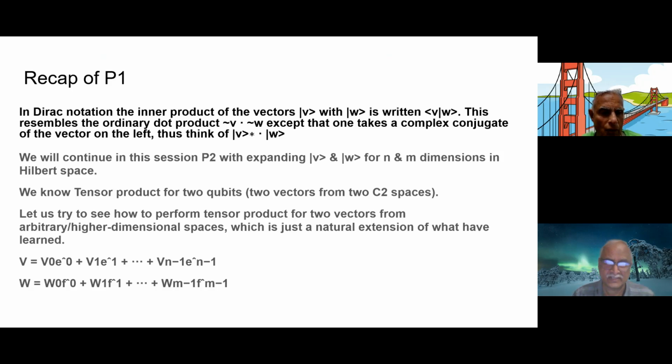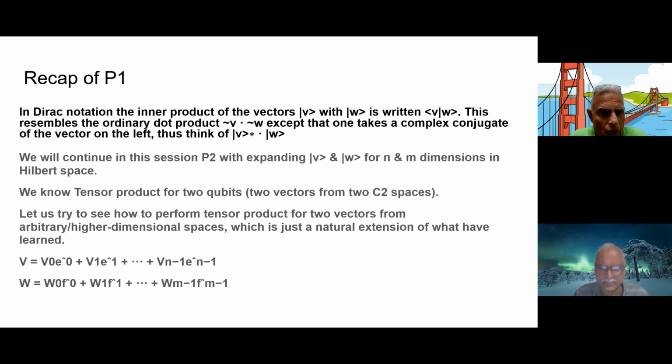We can call these v and w vectors, and then we will extend this into n dimensions, and these n dimensions will be specified in the Hilbert space. And after that, we will understand the concept of tensor products on these higher dimensions. We have already seen the tensor product of two qubits, and these operations are normally performed on the C2 space.